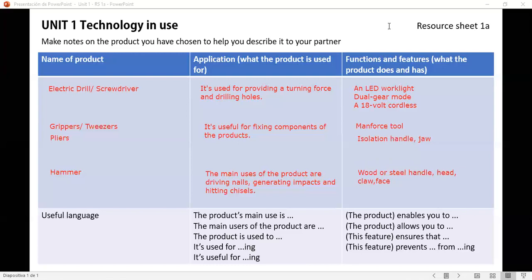Well, I see this electric drill and a screwdriver. In this case, it's used for providing turning force and drilling holes, and this product has functions like dual gear mode and 18 volts cordless.